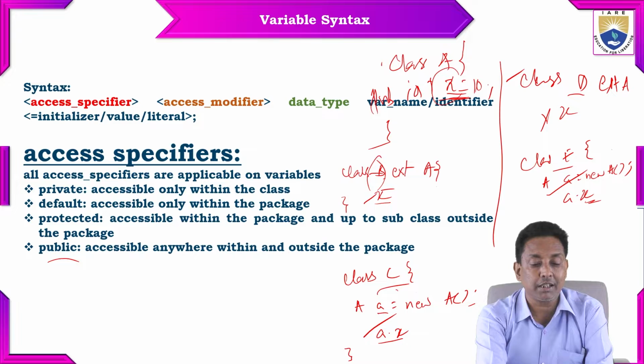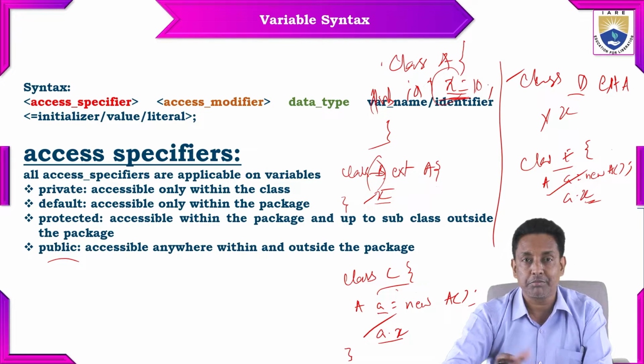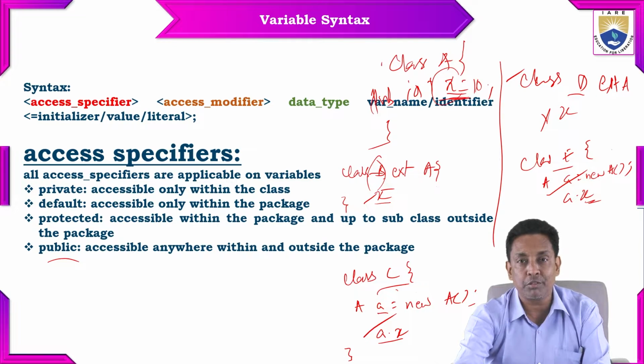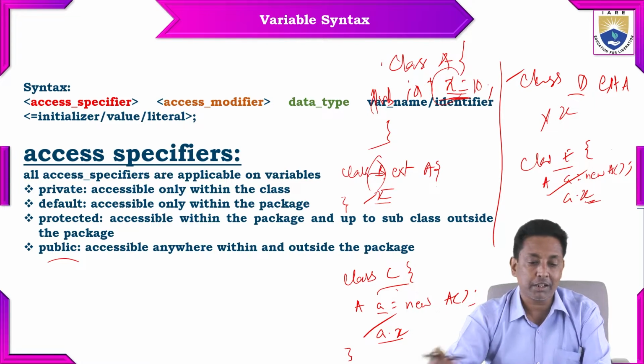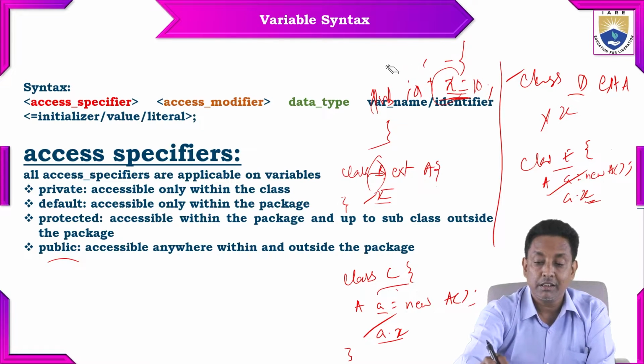A public variable has access scope throughout the system. Protected: anywhere within the package and up to subclass outside the package. Default: within the package. Private: within the class.